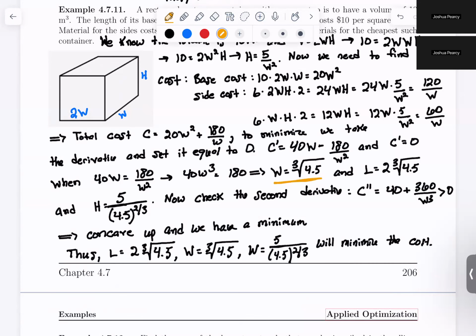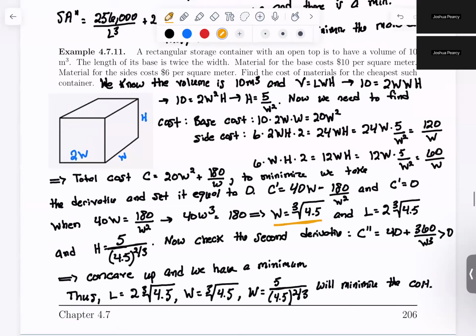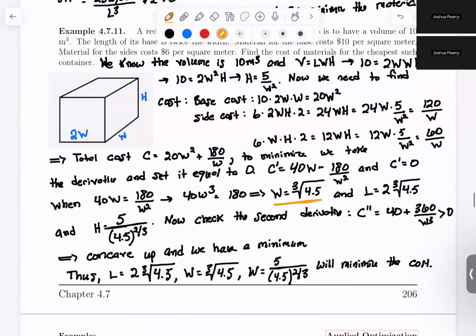Now, I know what the length is, right? The length was equal to twice the width. So it's just the length is 2 times the cubed root of 4.5. So now I know what W is. I know what L is. I can solve for H, right? H is right here. So all I do is plug in W into there.